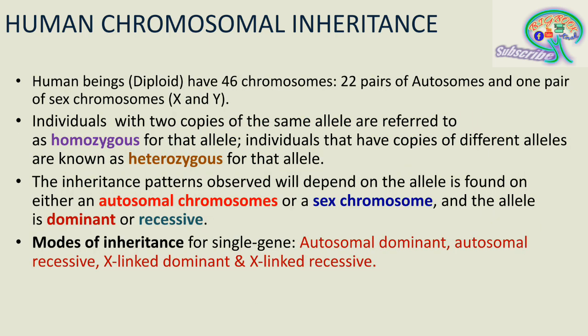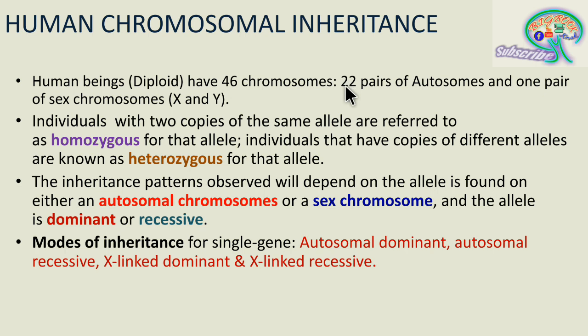If you consider these 22 pairs out of the 46 total chromosomes, X and Y are separate, those are the allosomes. The remaining 44 chromosomes comprise 22 pairs of autosomes.